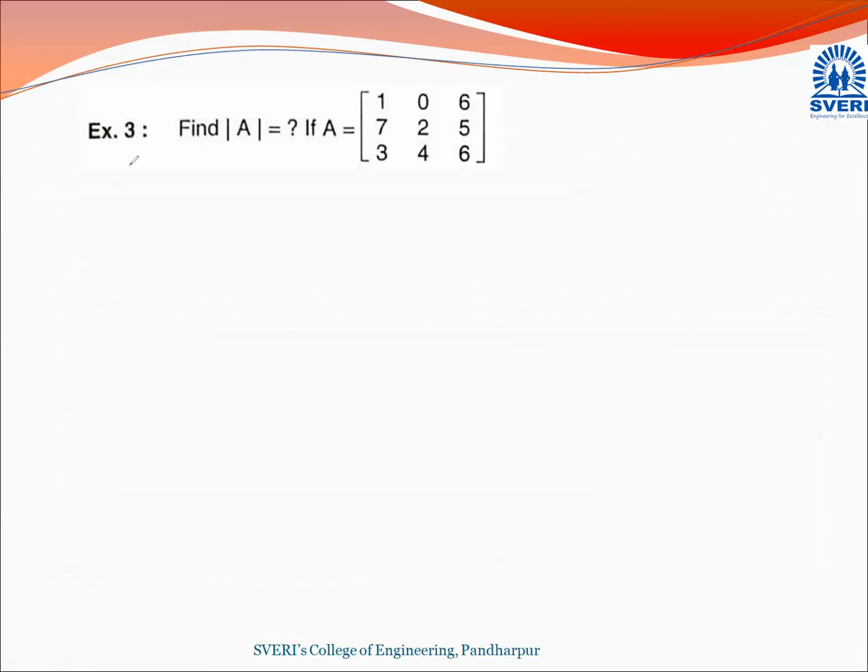There is one simple example. Find the determinant of A. Here we take 1 in bracket, neglecting the elements of the first row and first column, below that 1, A11.